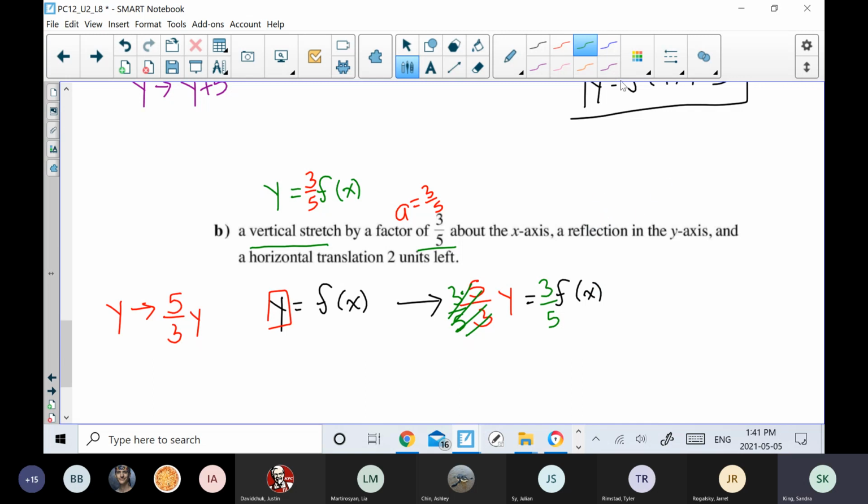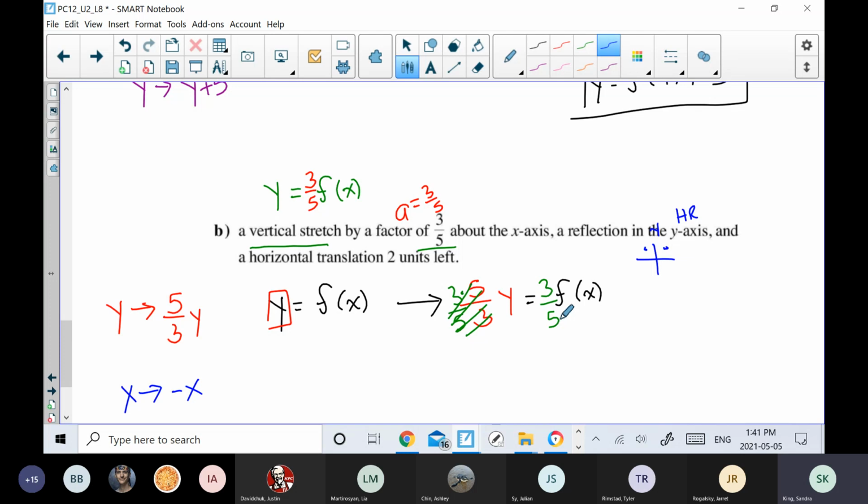Okay, then it says a reflection in the y-axis. So let's figure out what this is. That's my y-axis. It's going from here to here. That is a horizontal reflection. I don't really care about horizontal reflection because it's not asking that. I just need to be able to look at this and say, what's the replacement? Is y going to negative y or x going to negative x? And the answer is x is going to negative x.